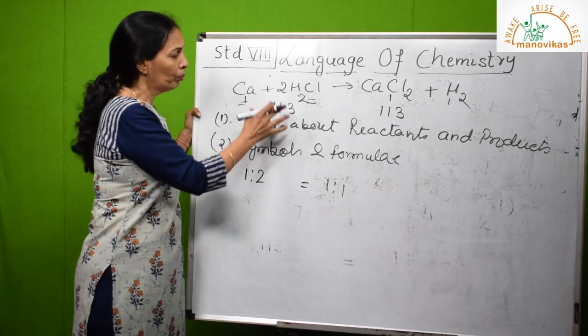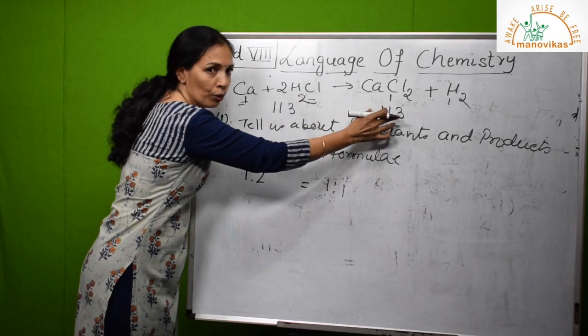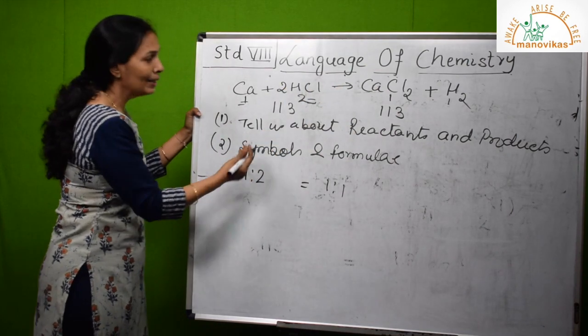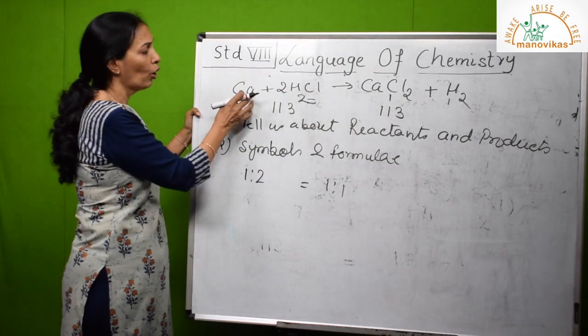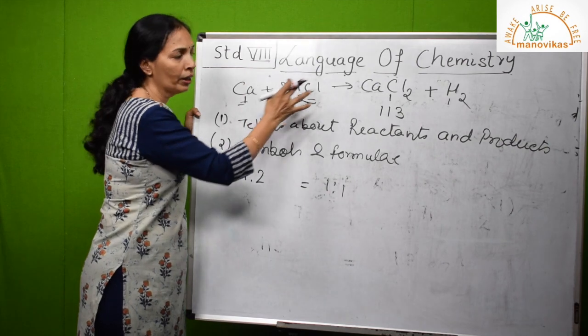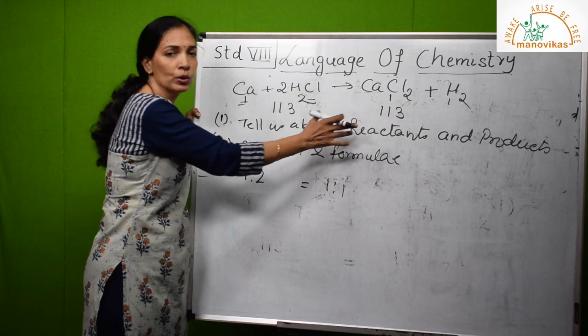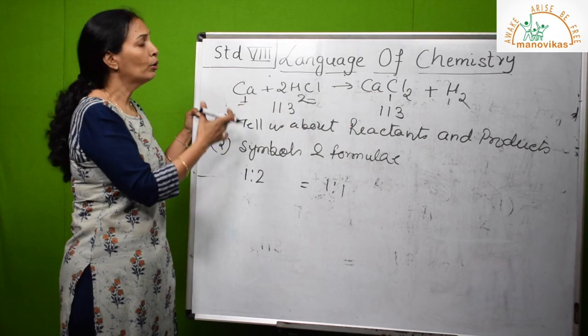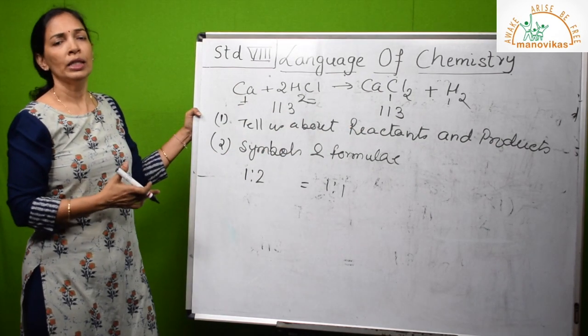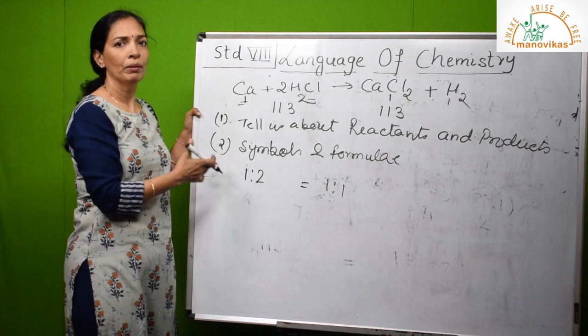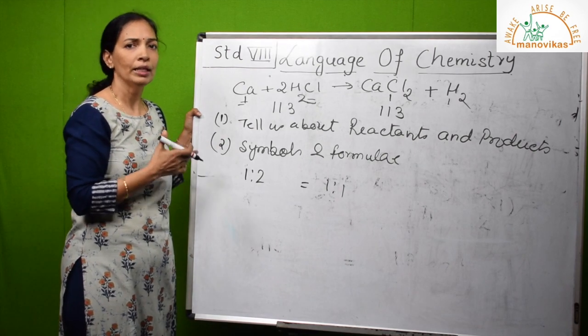What else do we come to know? Atomic masses or molecular masses. So the total mass of the reactants and the total mass of the products can also be obtained by looking at the chemical reaction. These are all the information given by a balanced chemical equation.